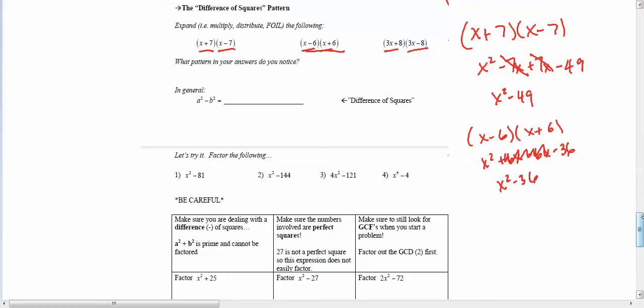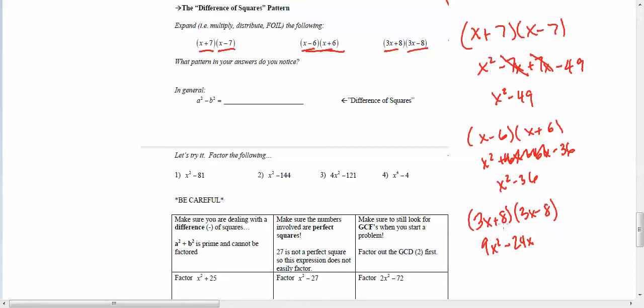Okay. Now, let's do the last one. 3x plus 8, 3x minus 8. Okay, all right, here we go. I'll do this one for you. 3x times 3x is 3 times 3 is 9, and then you still got the x times x, which is x squared. Right? The outers would be negative 24x, because that would be 3x times negative 8, so then we go negative 24x.